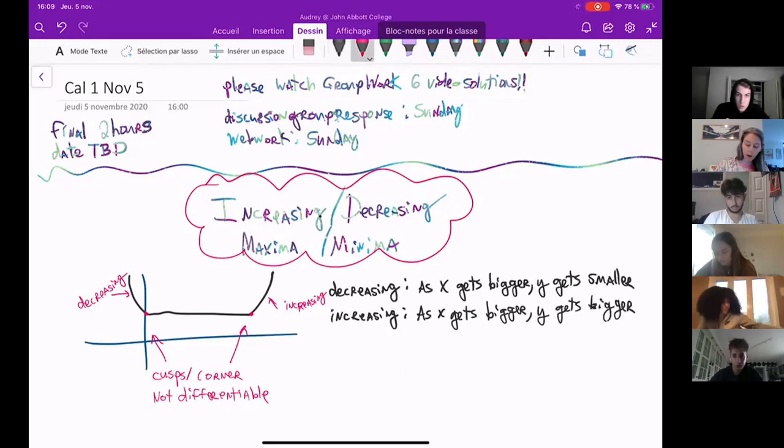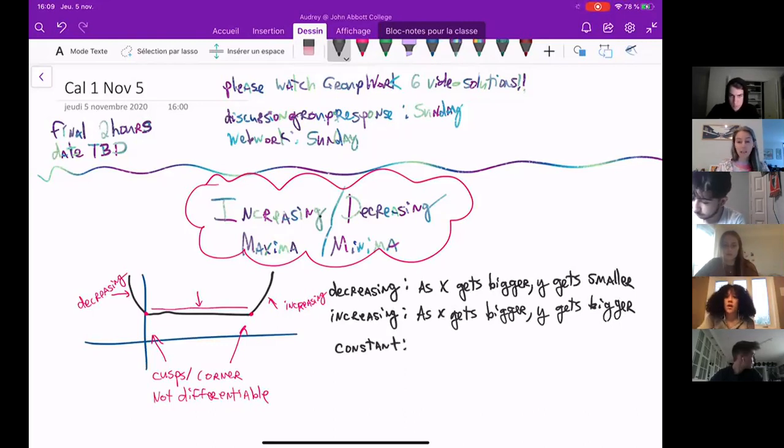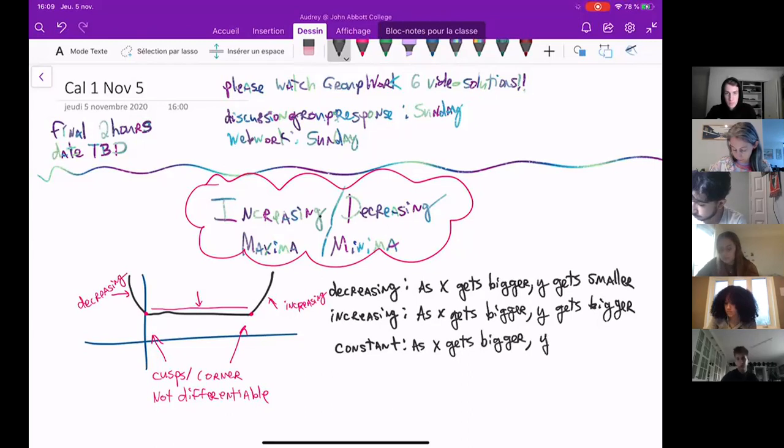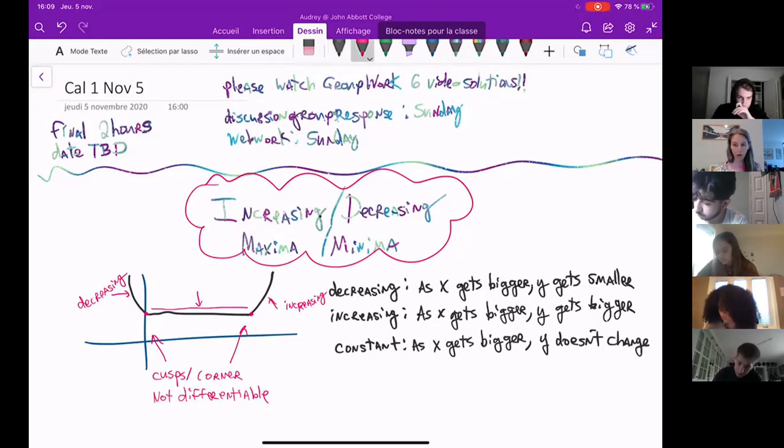And then this straight line right here: as x gets bigger, y doesn't change. Y is constant. So on that region, we say that the function is constant. As x gets bigger, there's no change in y. Any questions about what increasing, decreasing, and constant mean?